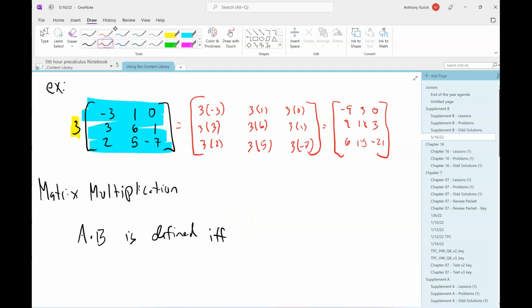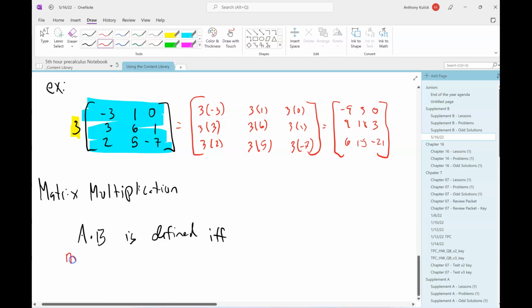Okay, so matrix multiplication is a little bit more complicated than any of these other operations. First of all, for two matrices to be able to do matrix multiplication, the dimension has to be in a specific format.